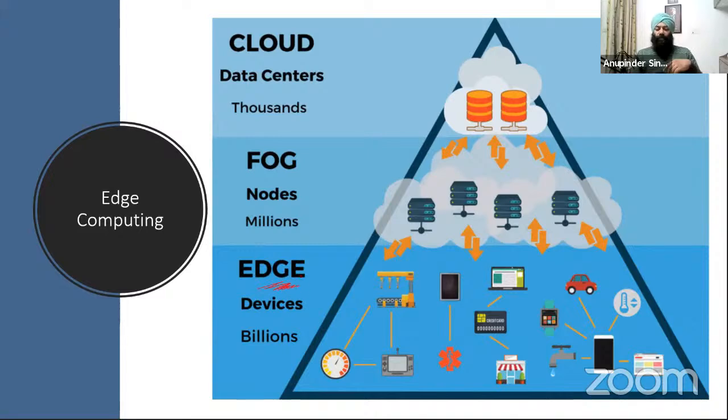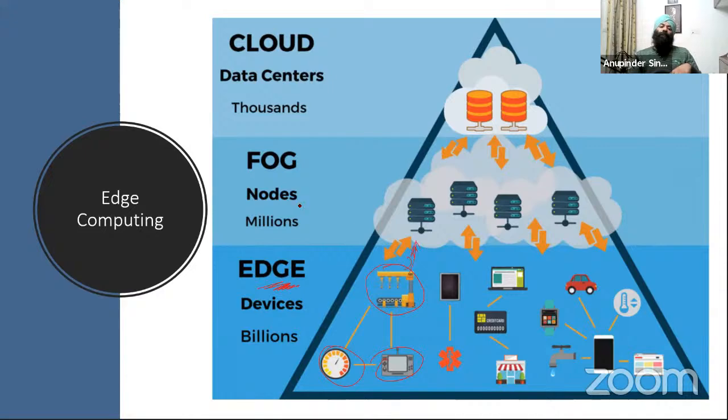When we are talking about edge computing, we are considering that the device which is actually sensing the data, right, has its own capability of computation, storage, and possibility of implementing the policies related to communication as well as the scheduling of the resources and tasks within them, right?